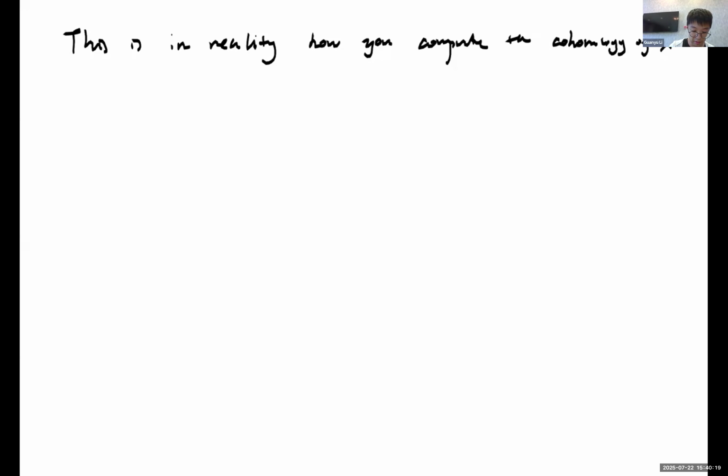The first one is the duality theorem in algebraic geometry, which is the Serre duality. I'm going to only write down the duality for projective spaces, but this could be generalized to any projective scheme.